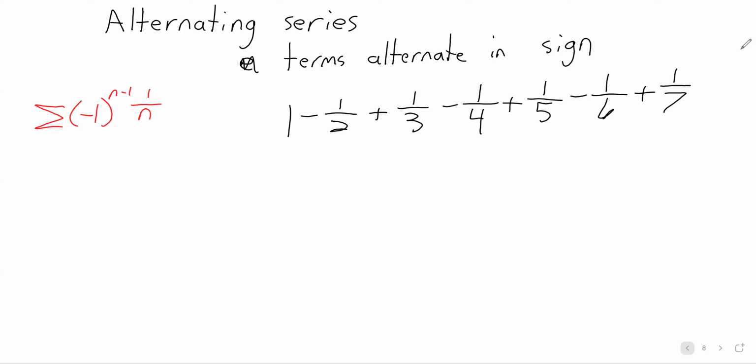Well, when you're using the alternating series test, you're ignoring the signs. You're looking at the rest of the series.